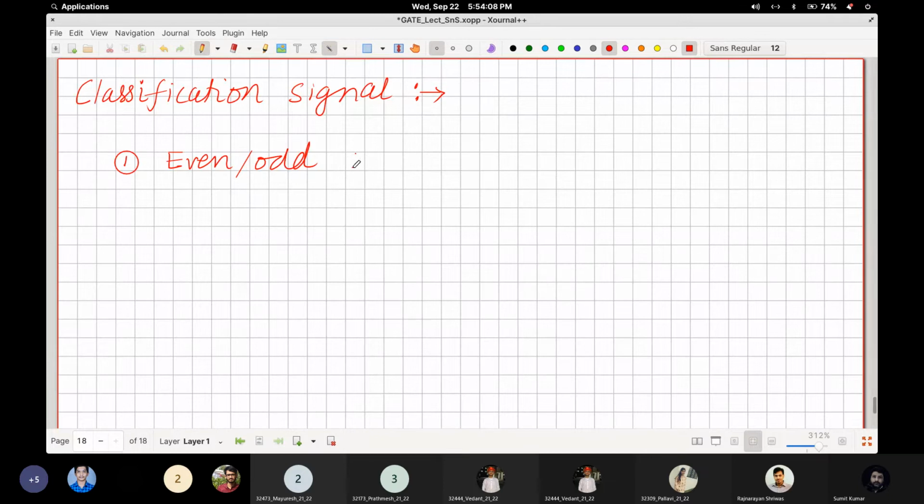So what will we call an even signal? Can anyone tell me? When f of t is equal to f of minus t, and here it should be underlined that this holds for all t, for all values of t, then we will call this signal even, right?